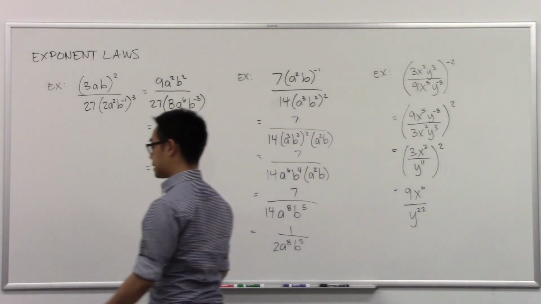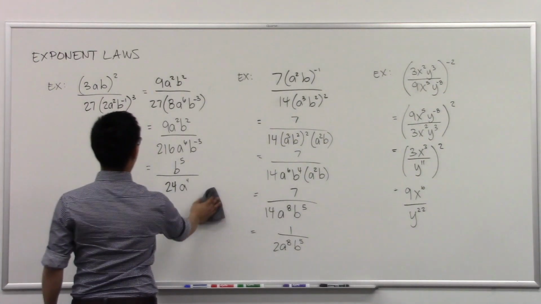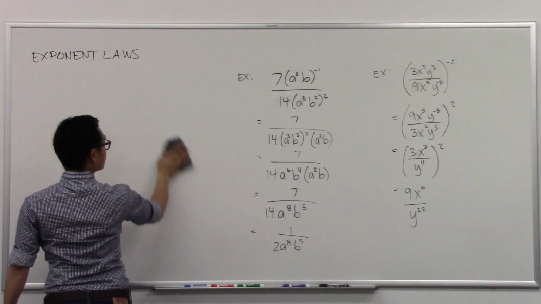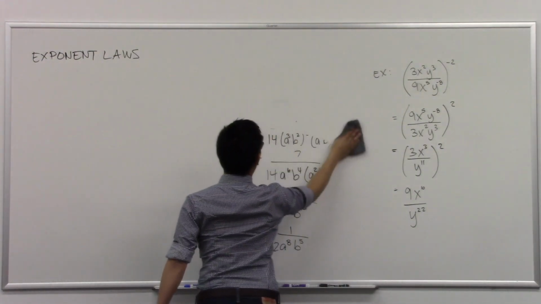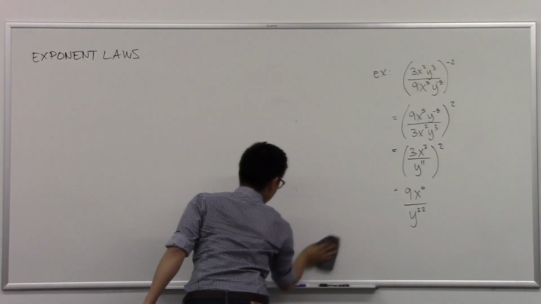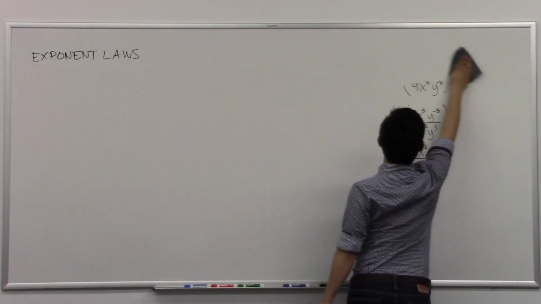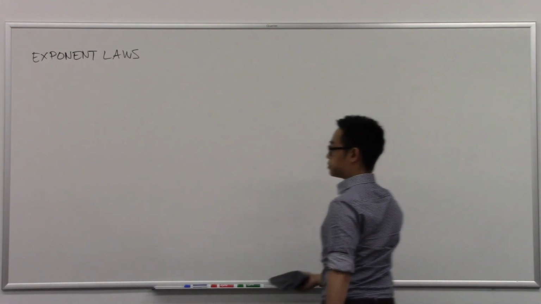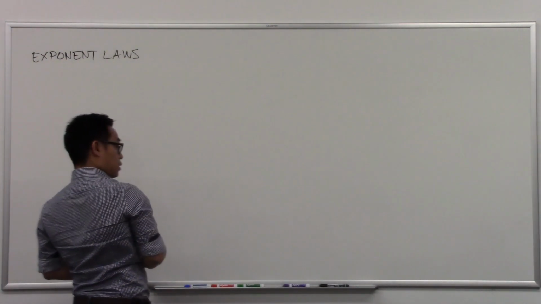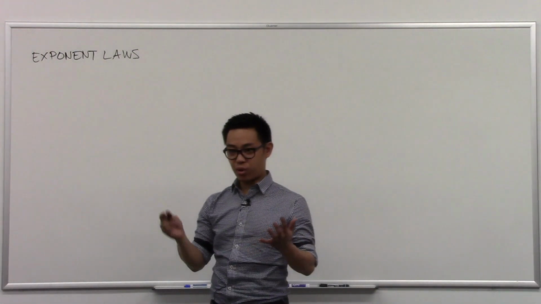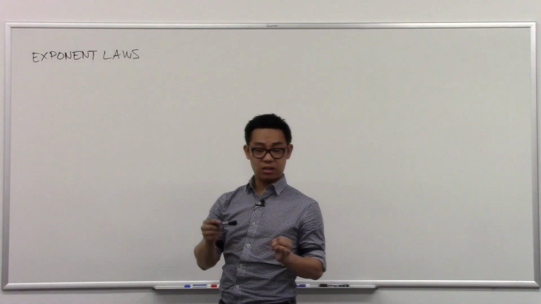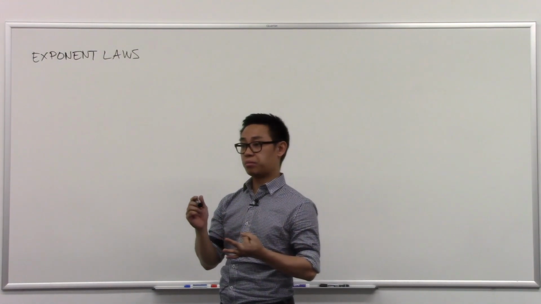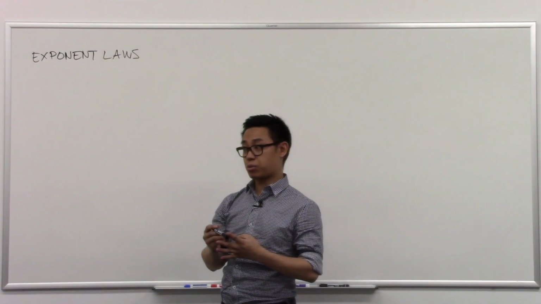Okay. Last thing is rational exponents. So we have 4 basic laws: law of multiplication, law of division, law of powers, and law of zero exponents.